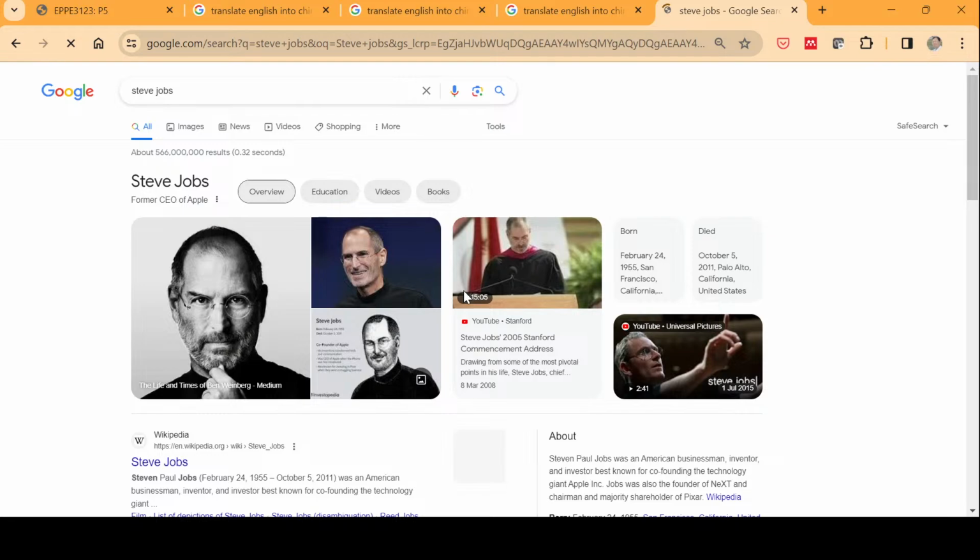Codified knowledge, on the other hand, is tangible, you can touch. The other one is intangible.